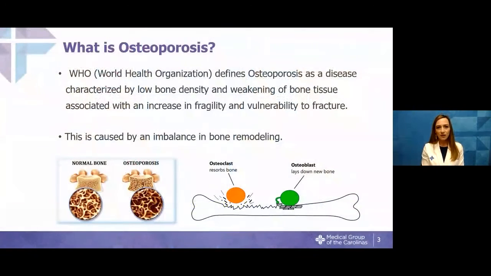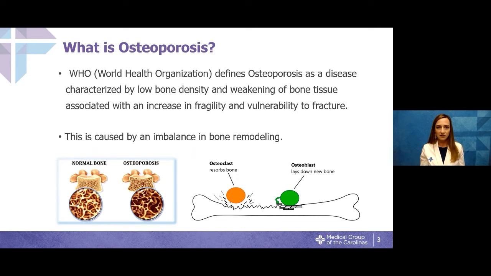So the World Health Organization, or WHO, defines osteoporosis as a disease characterized by low bone density, or that the bone is weak. And the problem with that is that weak bone is more likely to fracture or break if you were to fall or have an injury.